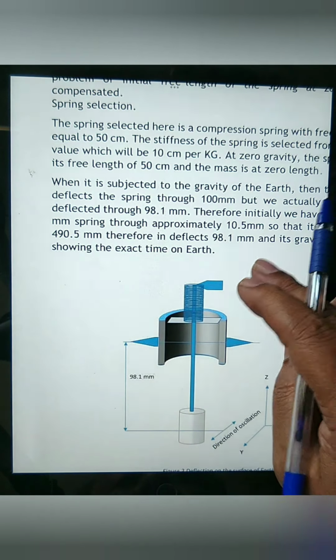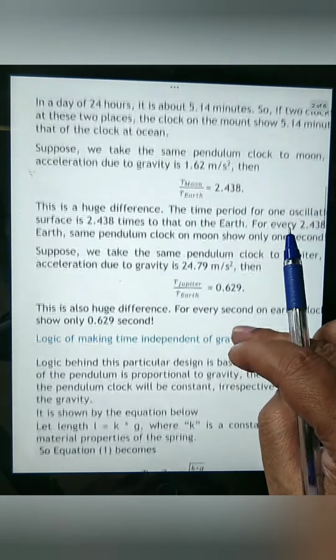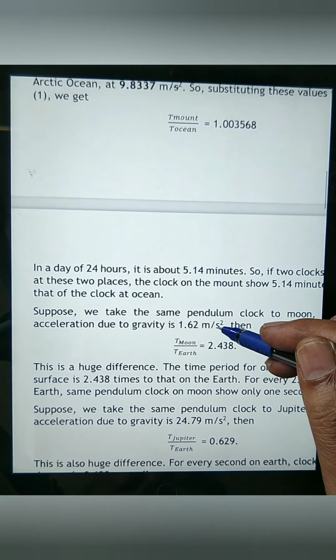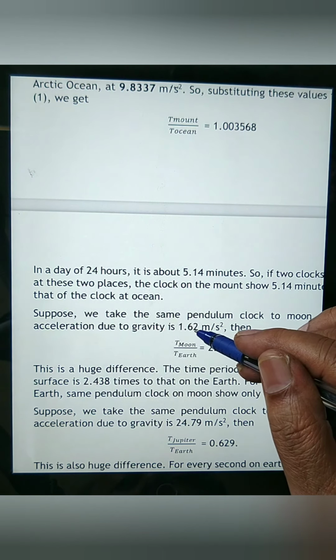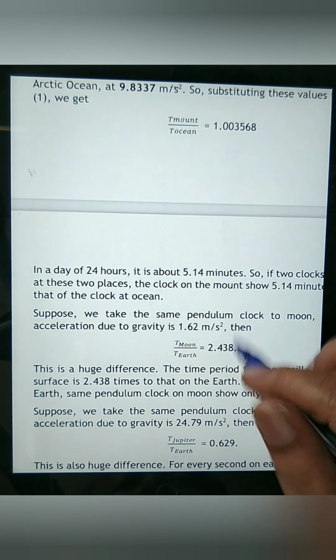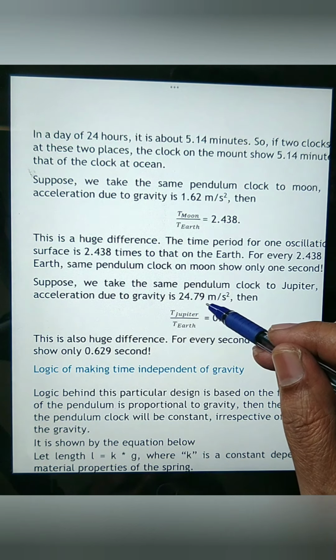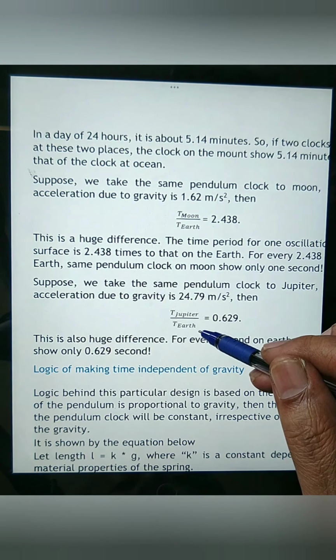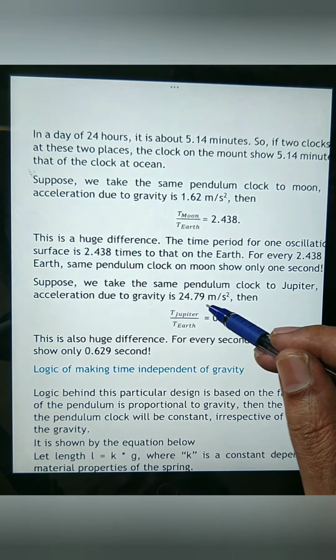Similarly, if you take it to the moon, where the gravity is just 1.62 meters per second square, the spring will stretch only to 1.62 centimeters or 16.2 millimeters. Now if you take it to Jupiter, where the gravity is 24.79, the spring automatically stretches to 247.9 millimeters.